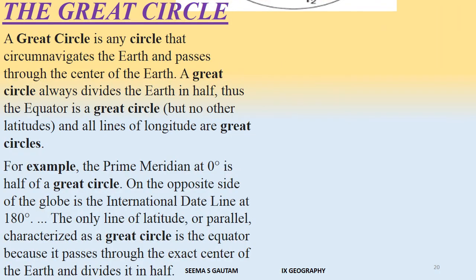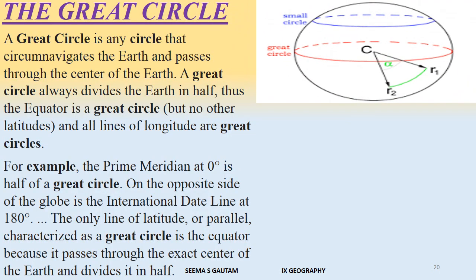You can see on your screen a big circle, which is a great circle. The earth is a spherical body. If the earth is divided exactly into two halves by a circle with its center coinciding with that of the earth's center, simultaneously the radius of the circle should also be equal to that of the earth's radius.